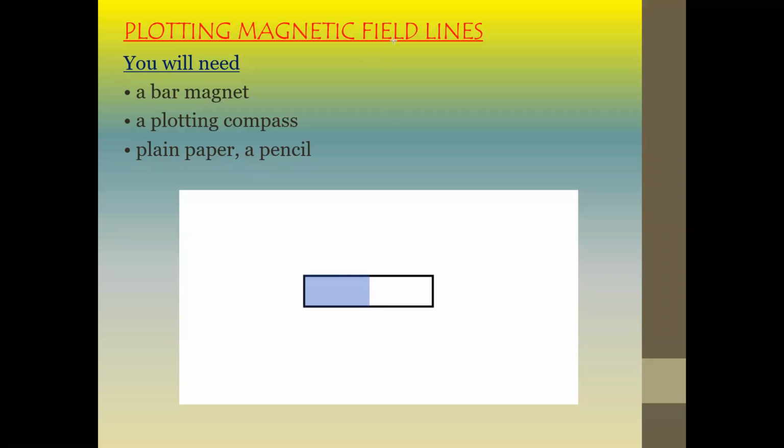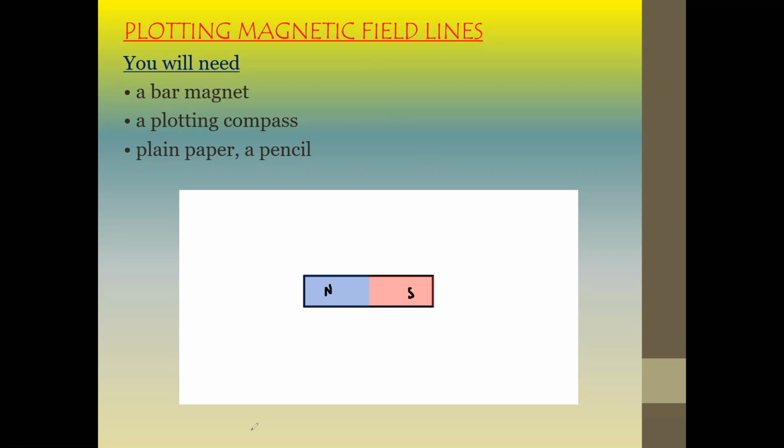So one side is north, another one is south. Example, on the left hand side, we have a north pole, and on the right hand side, we have a south pole.